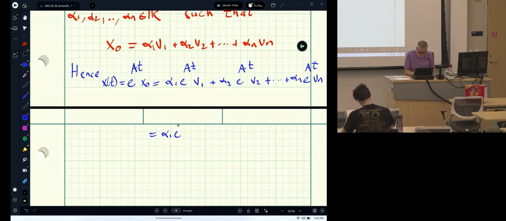Alpha 1 e to the lambda 1 t v1, alpha 2 e to the lambda 2 t v2, alpha n e to the lambda n t vn.